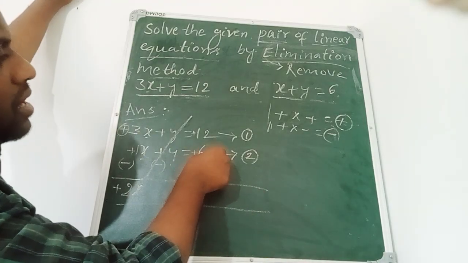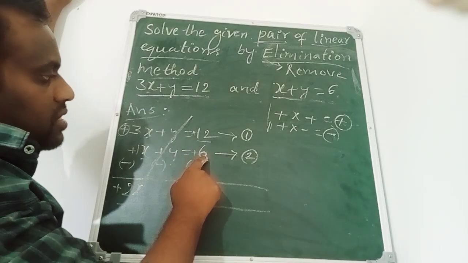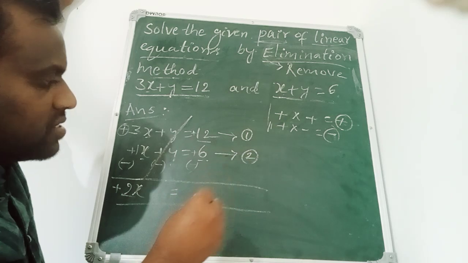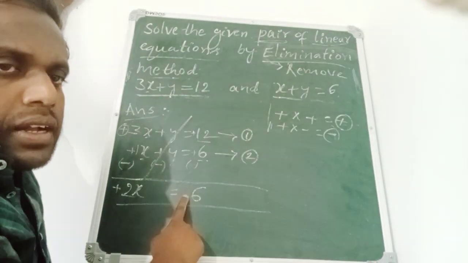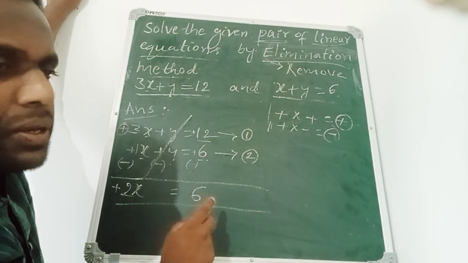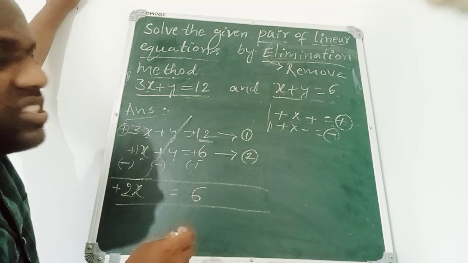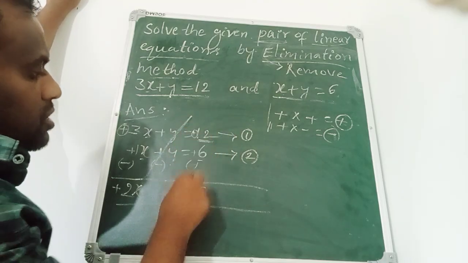So 6 is the smaller number, 12 is the bigger number. When you subtract 6 from 12, what will you get? 12 minus 6 is 6. Now which sign we have to put here? Consider the sign in front of the bigger number. Which is the bigger number, 12 or 6? 12. What is the sign in front of that bigger number? Plus. So this plus you put here.